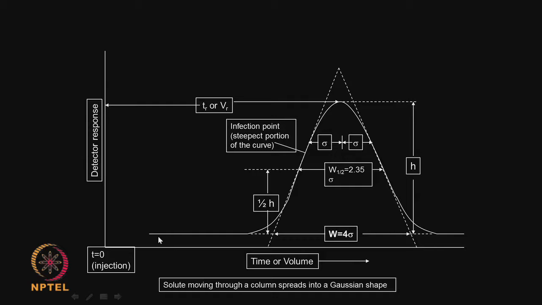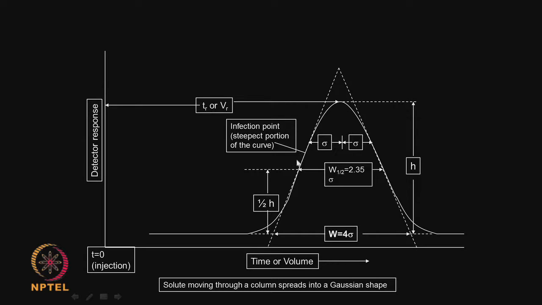Okay, so, as I said, you have a peak like this coming out as you inject at time equal to 0. This x axis could be time, retention time, or it could be retention volume. Like I said, retention volume is nothing but retention time into flow rate. This is called the width at the base. How do you estimate it?